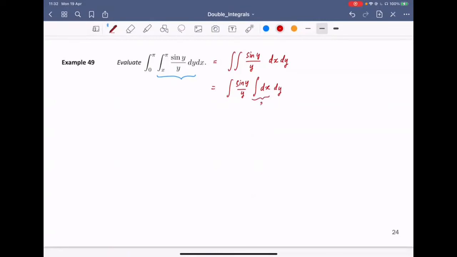Whatever you get here, you hope to make a cancellation with y, and then you can integrate it.